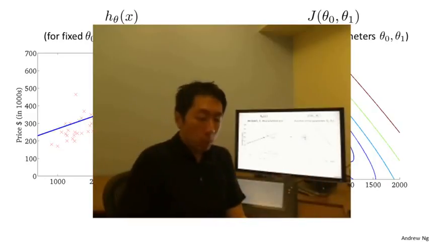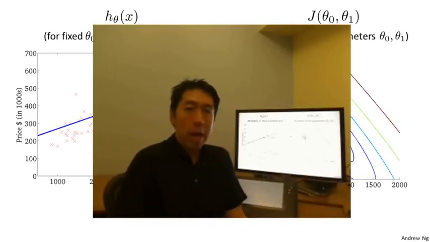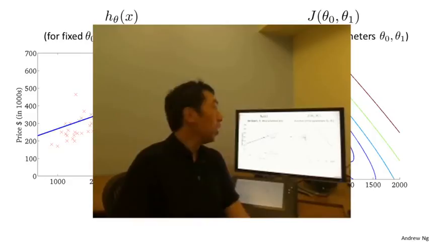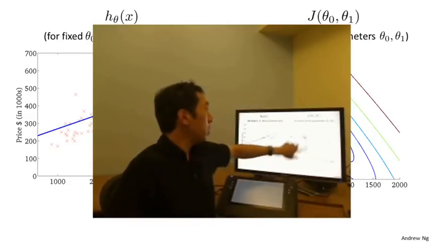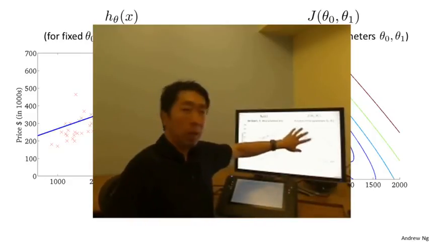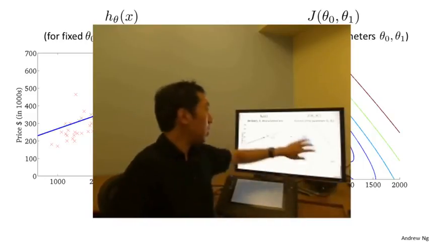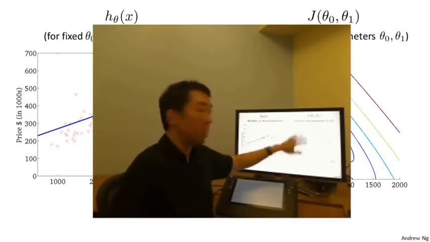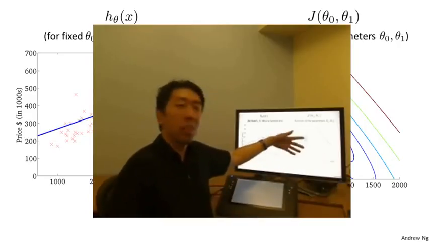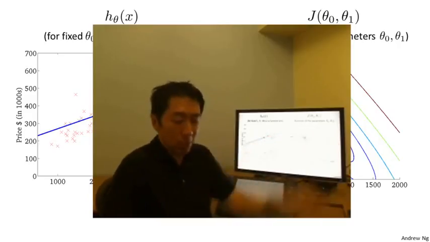Now, of course, what we really want is an efficient algorithm, an efficient piece of software, for automatically finding the value of theta 0 and theta 1 that minimizes the cost function j. What we don't want to do is write software to plot out this figure and then try to manually read off the numbers. That's just not a good way to do it.